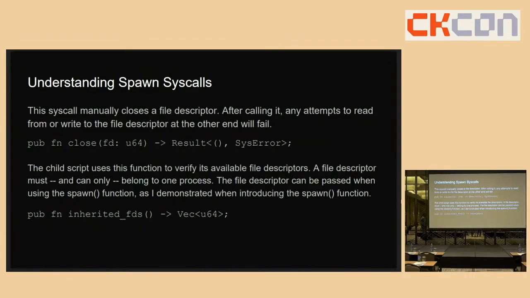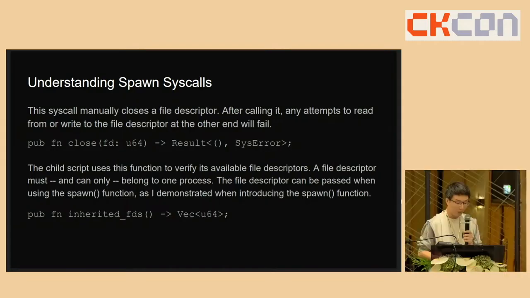The close syscall manually closes a file descriptor. After calling it, any attempts to read from or write to the file descriptor at the other end will fail. The child script uses the inherited_fds syscall to verify its available file descriptors. A file descriptor must and can only belong to one process.